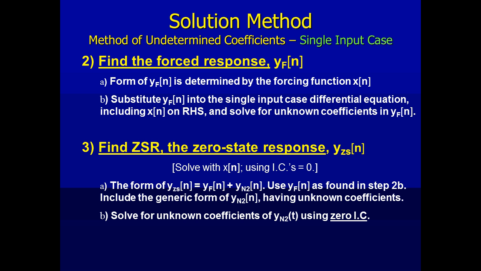So we plug n equals -1 into our equation, 4/3 plus K2 times -1/2 to the n.